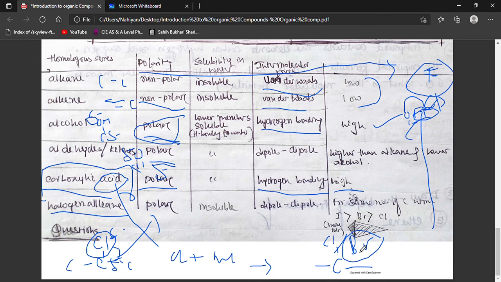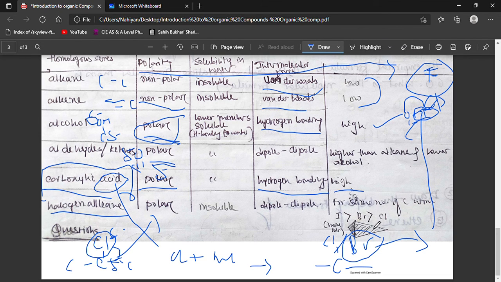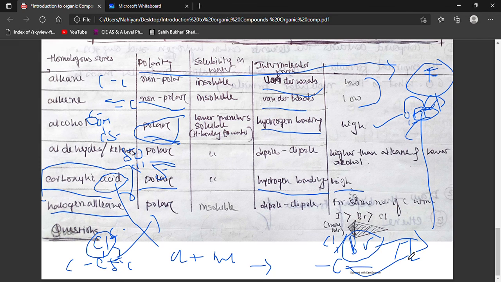So a halogenoalkane with Br is more reactive than one with Cl, and losing iodine is even easier because the electronegativity difference between carbon and iodine is less. The attraction is less, and you can easily lose iodine. So the most reactive is the alkane with iodine attached rather than Cl. This is how reactivity increases: Br is more reactive than Cl, and iodine is more reactive than Br.